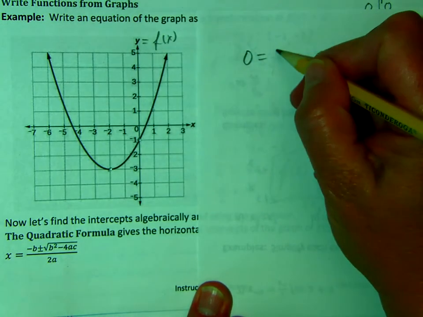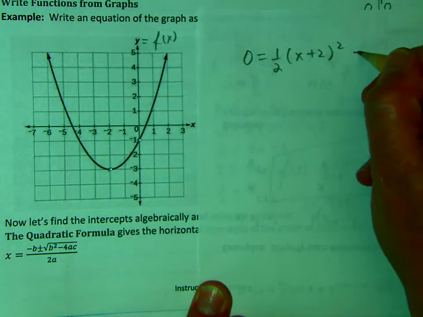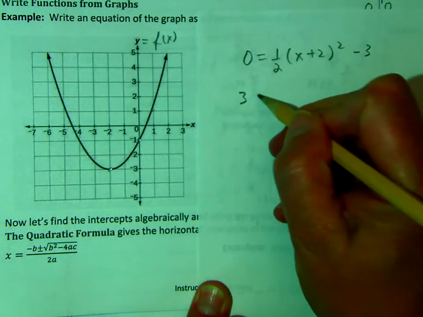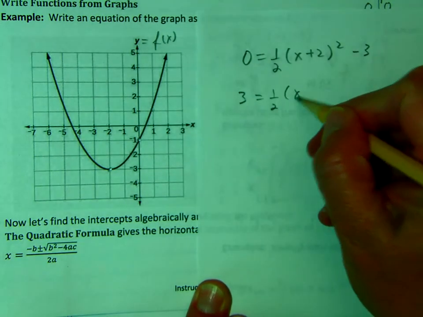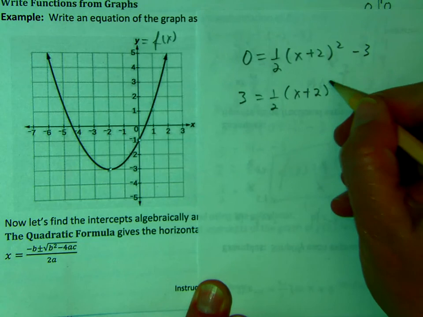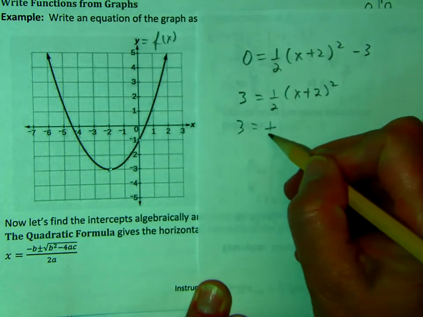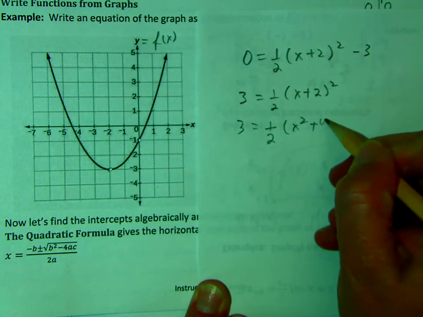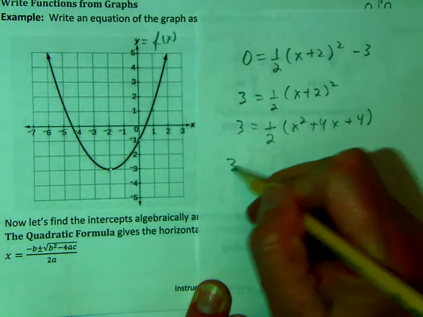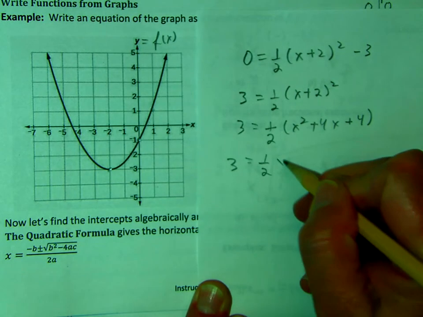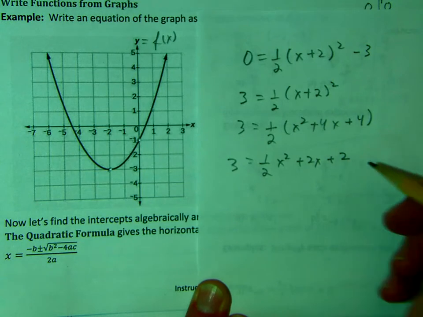0 equals 1/2 (x plus 2) squared minus 3. 3 equals 1/2 (x plus 2) squared. 3 equals 1/2 x squared plus 4x plus 4. 3 equals 1/2 x squared plus 2x plus 2.